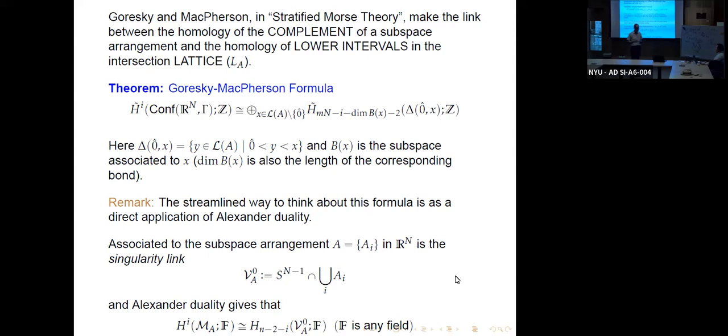The interval is a poset itself, then I take the delta of it, and it becomes a simplicial complex, an abstract simplicial complex, but people rarely put this on top of it.